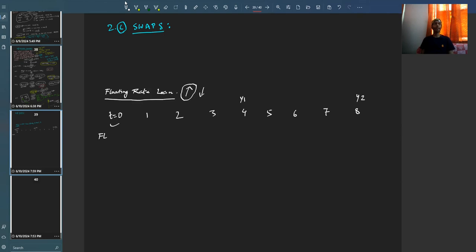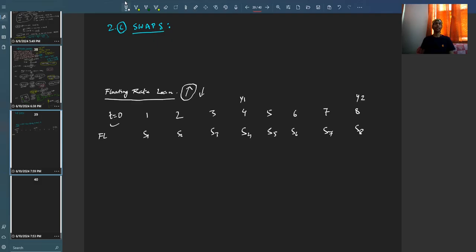Let's say they are given by S1, S2, S3, S4, S5, S6, S7 and S8. These are your variable payments or floating payments, that is, they depend on the rise and fall of interest rates.